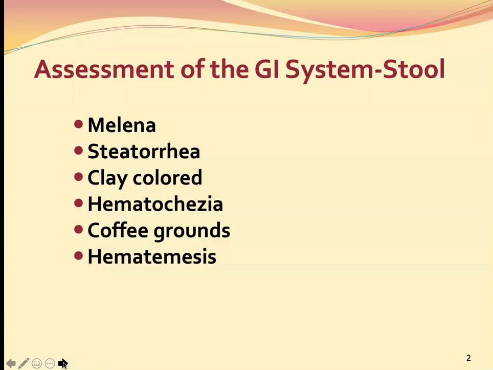Whenever a patient presents with melena, it means the stool is black, and it might be an indication of an upper GI bleed. The blood has been in the system for a while, so it's making its way down into the stool, and that's why it comes out dark.